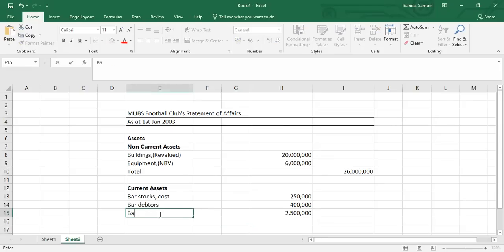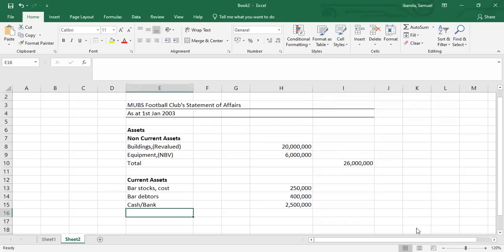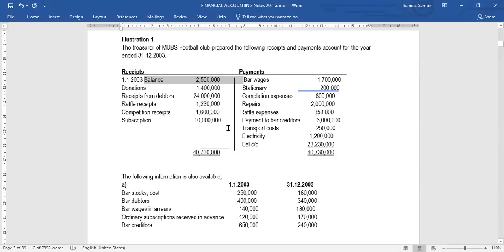I'll call this cash and bank, or you can call it receipts and payments, or cash or bank. So we have 2.5 right there. Yes, you can add a degree of precision if you need, but that's what I'll work with. Let me confirm that there's no degree of precision on my receipts and payments. Yes, the way you see the figures is the way they are.